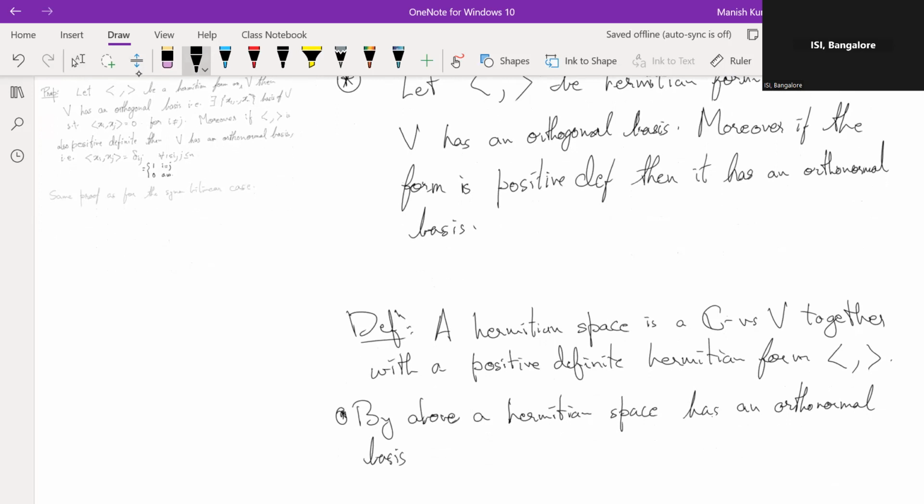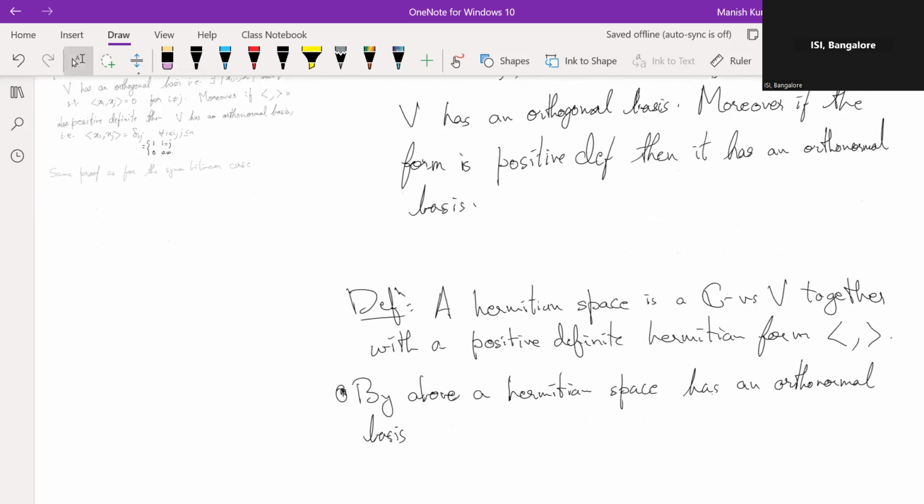So as soon as you have a positive definite Hermitian form, it will give you an orthonormal basis. By this proposition, we know that this Hermitian space has an orthonormal basis. So there exist V1 to Vn such that Vi Vj is delta ij.